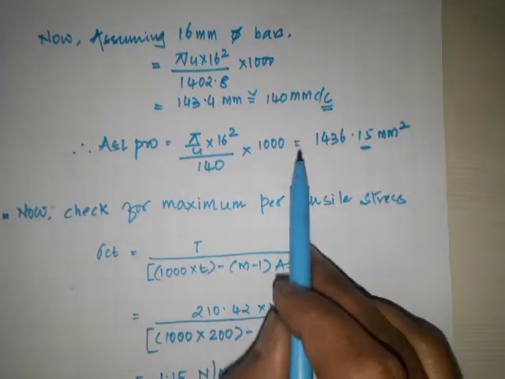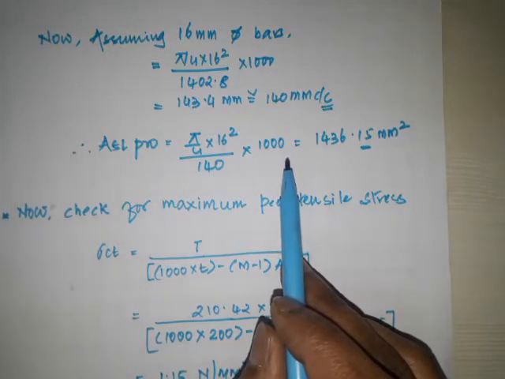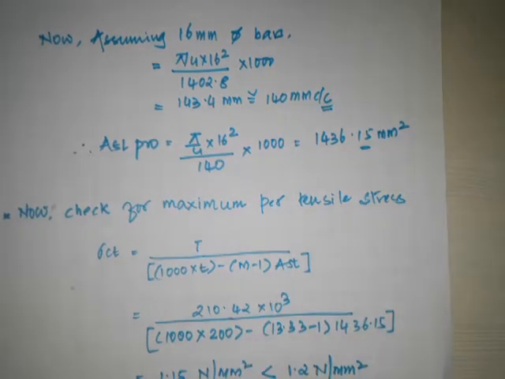Okay, so we have to provide the main reinforcement in the horizontal direction, that is along the periphery of the wall, that is the circular ring, and the distribution steel we have to provide in the vertical direction or vertical bars.